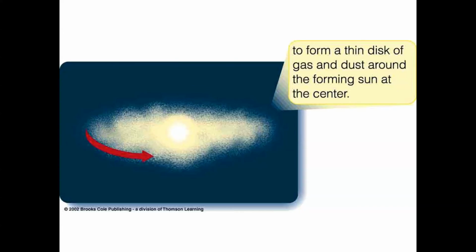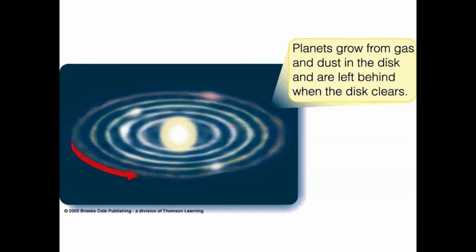The material in this disk can eventually be coagulated to form planets by one of several means, and we're not exactly sure which way it gets done. Either by gradually building up larger and larger particles, from tiny dust particles to rocks to boulders to big things that then become planets and can sweep up the gas in the disk.